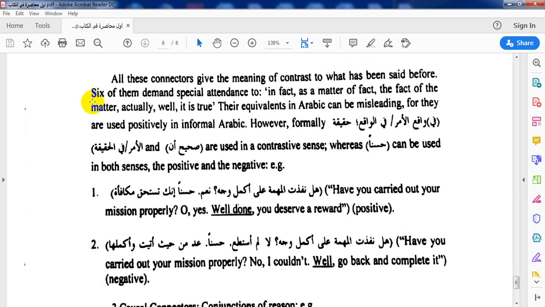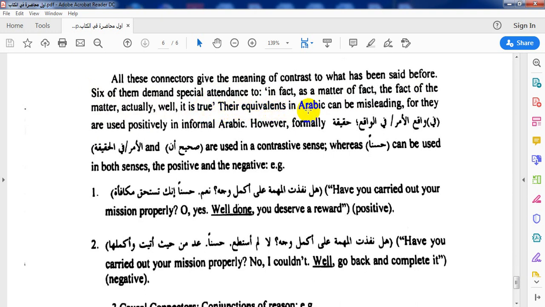But 6 of them demand special attention. So you have to be careful in using those 6 connectors: in fact, as a matter of fact, the fact of the matter, actually, well, it's true. Why?